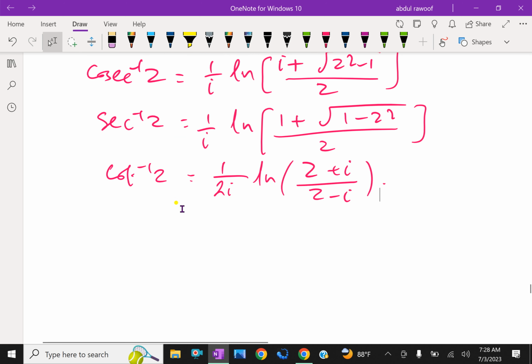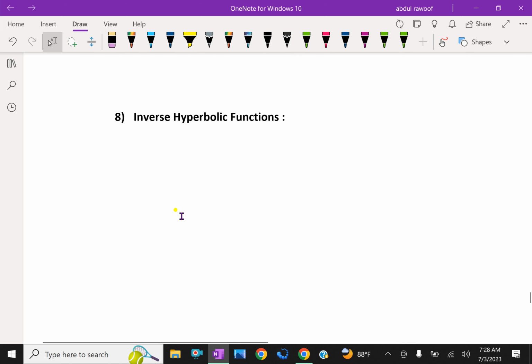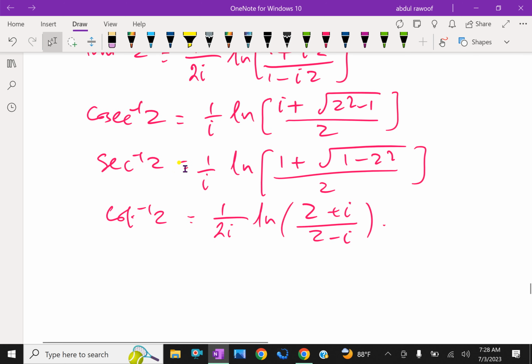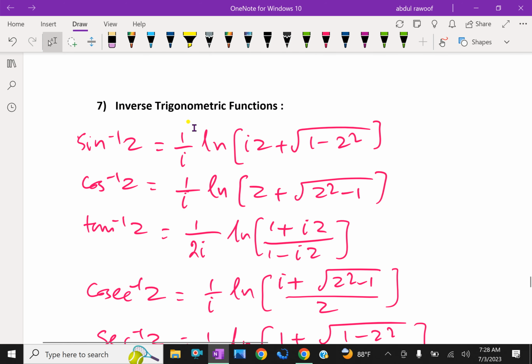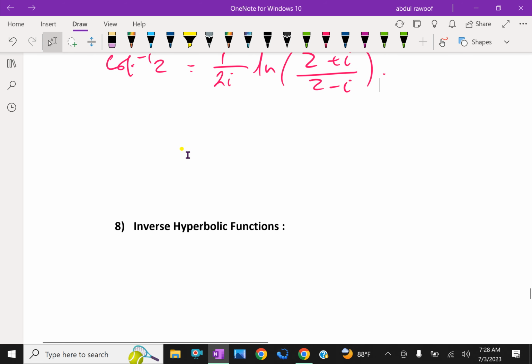Next, inverse hyperbolic functions. Here, inverse trigonometric function, here inverse hyperbolic functions.